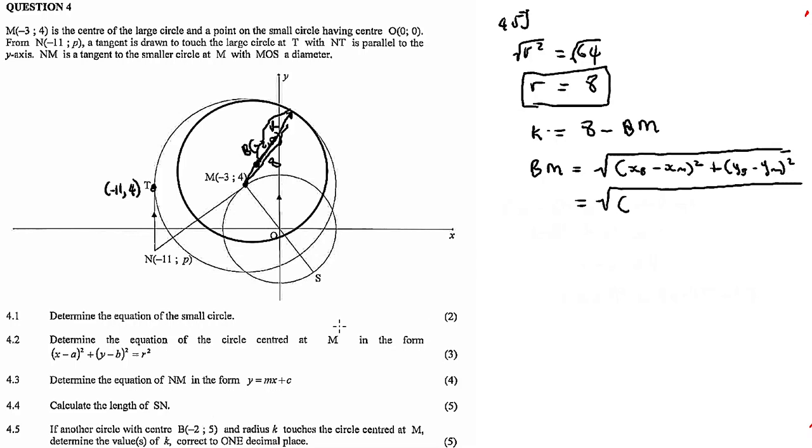The x value for b is minus 2, minus xm minus 3, so it's plus la squared plus yb 5, ym is 4.